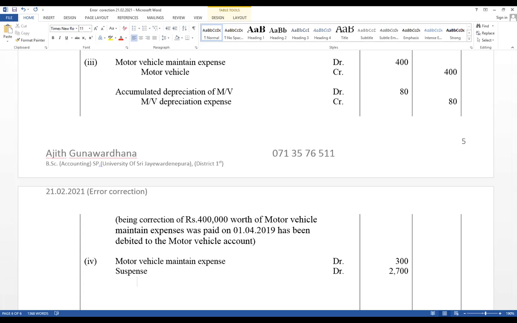The value is also not correct, therefore it affects the suspense account also. Motor vehicle account credit, value equal 3 million.